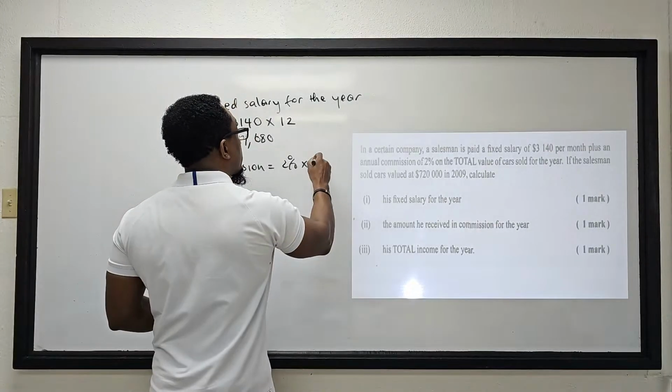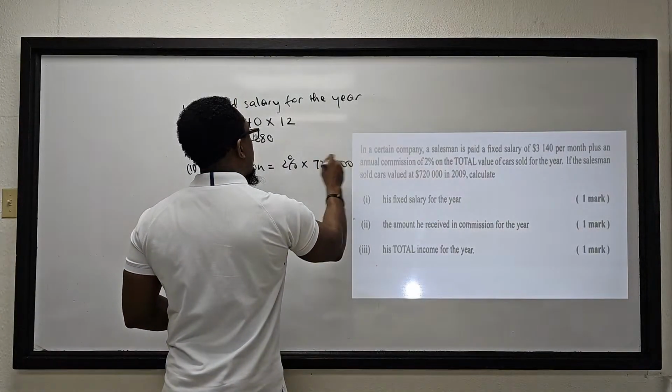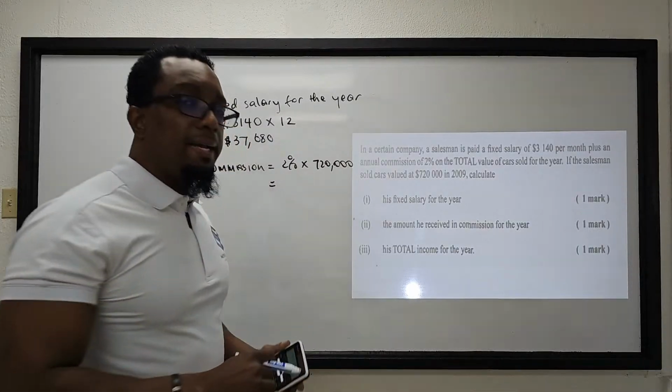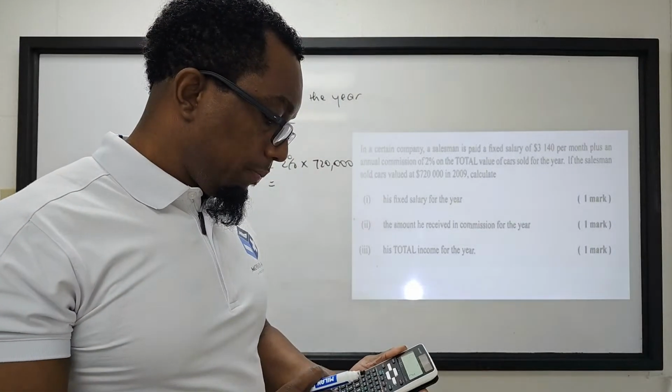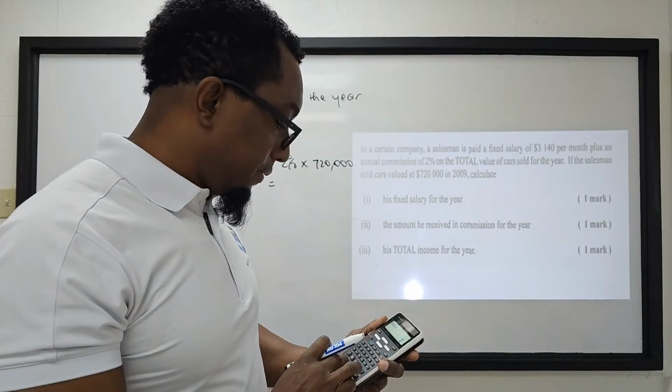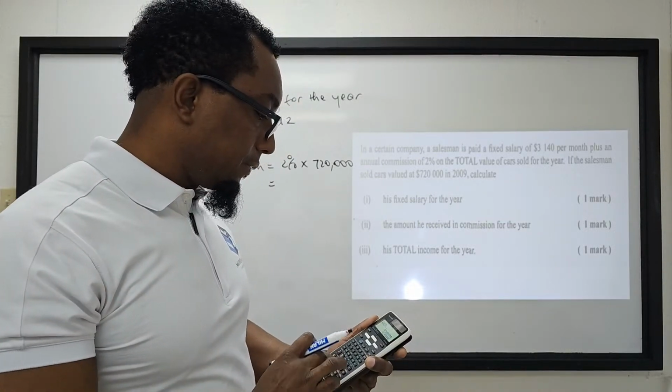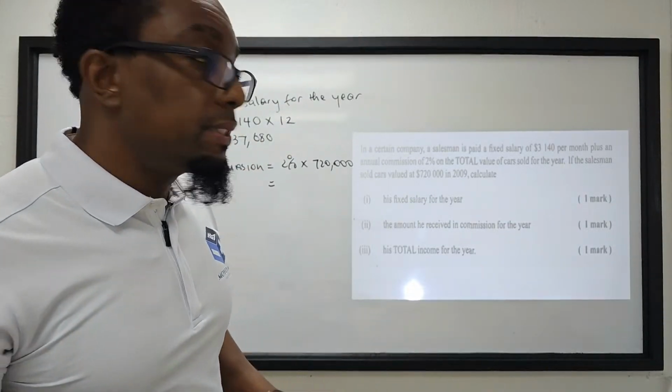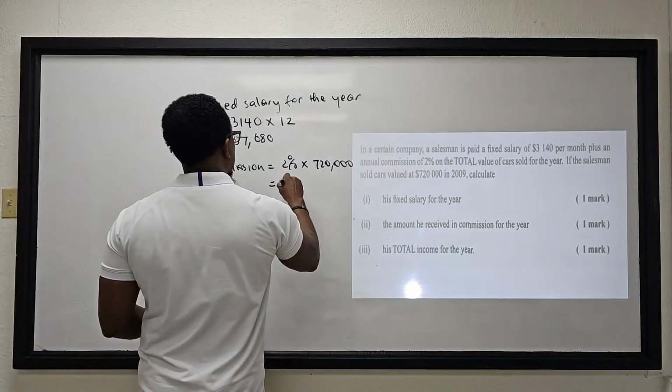So we're going to find 2% of that. 2% of $720,000 will give us $14,400.